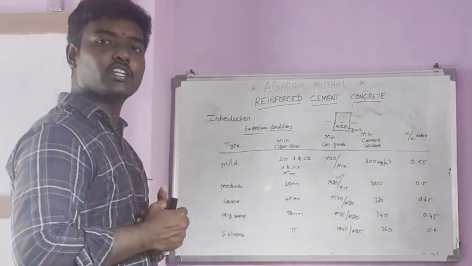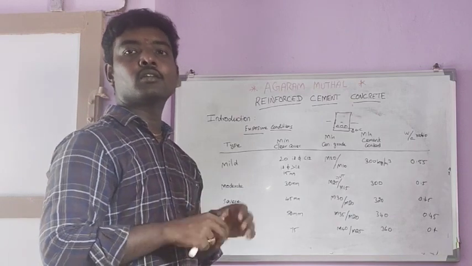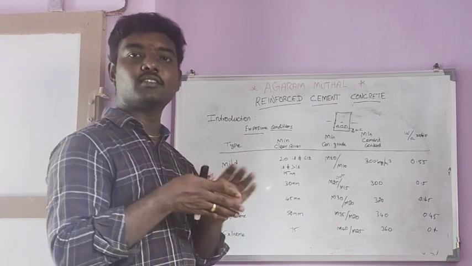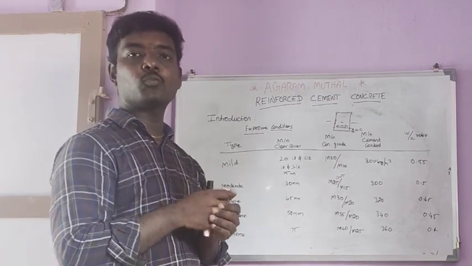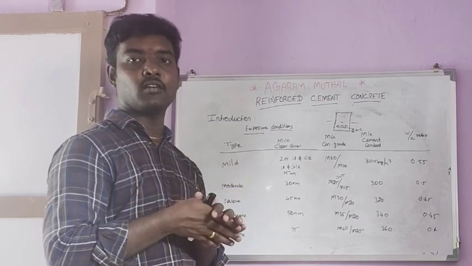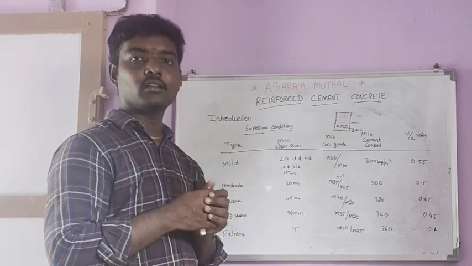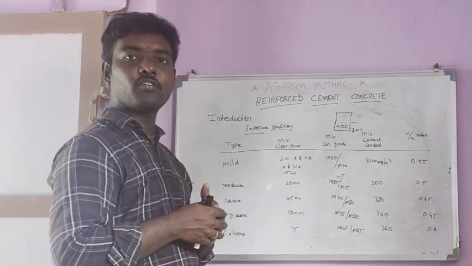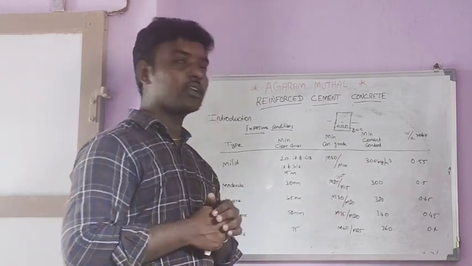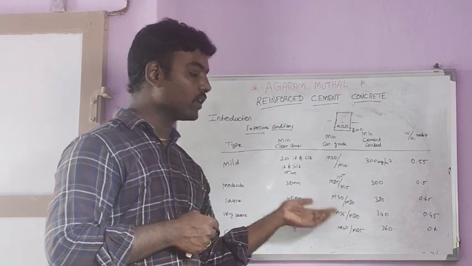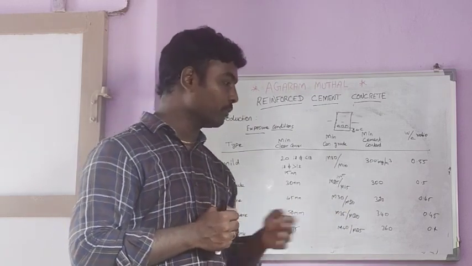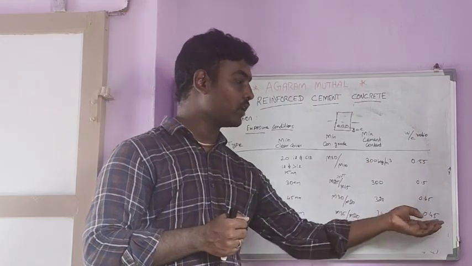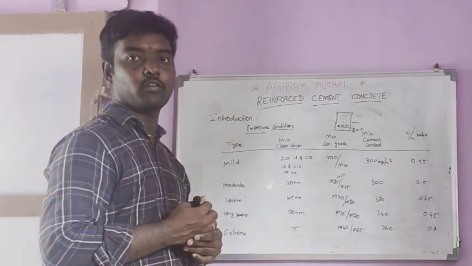And very severe conditions: a structure which is built inside the spray of the sea or inside the current. In that situation, our clear cover becomes 50 mm, our maximum grade M35, minimum grade M20, binder content 340, and the water cement ratio becomes 0.45.